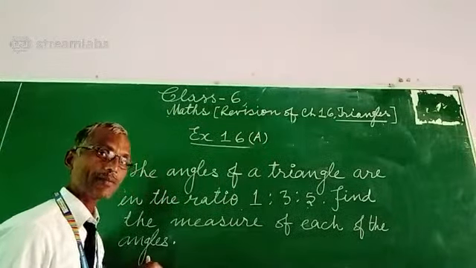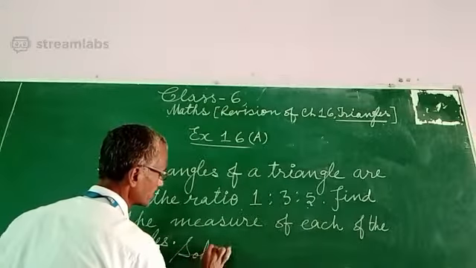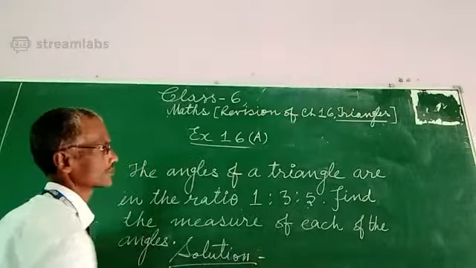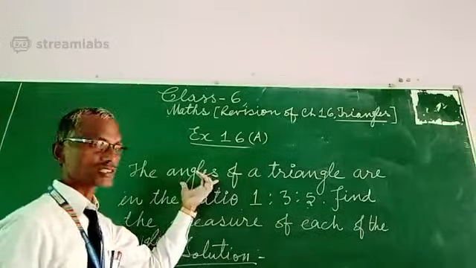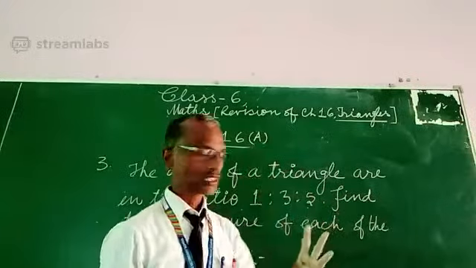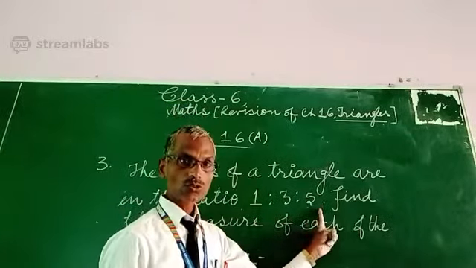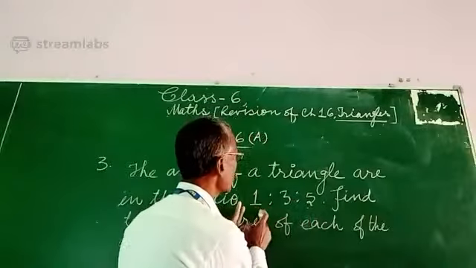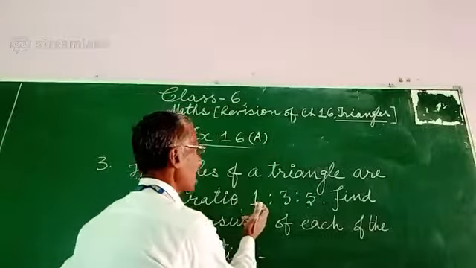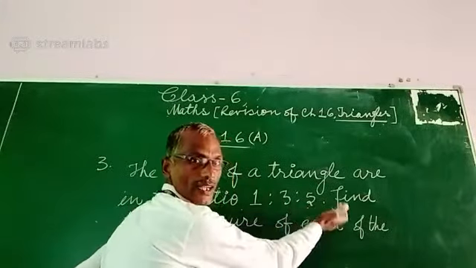What will be the measures of each of the angles? Please solve it. What is the solution? How many angles does a triangle have? You know that there are 3 angles and their ratio is 1:3:5. So let's suppose that the measures of the angles of the triangle are x, 3x and 5x.